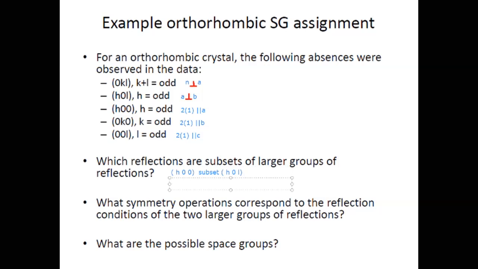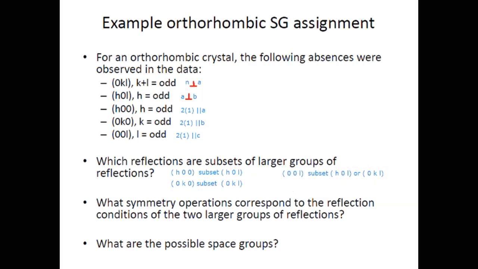The 0K0, which is a subset of 0KL, and then the 00L, which could be a subset of H0L or 0KL. So those are the reflections that are subsets of larger groups.